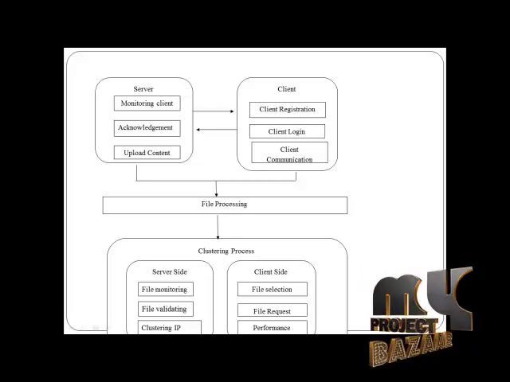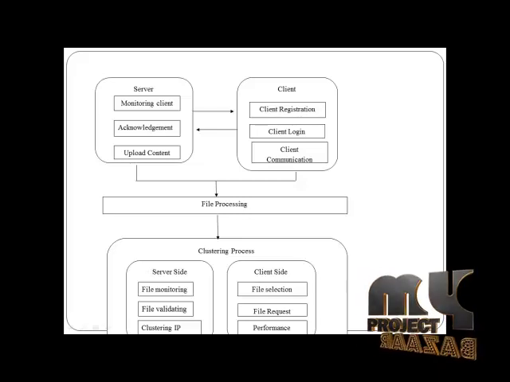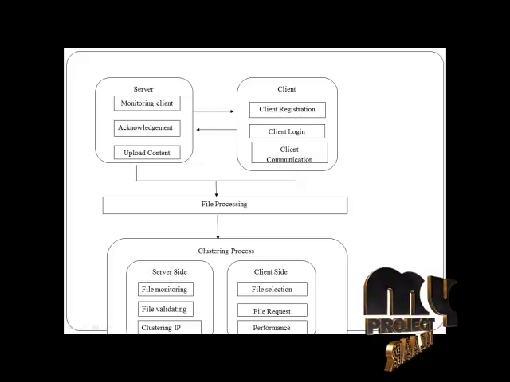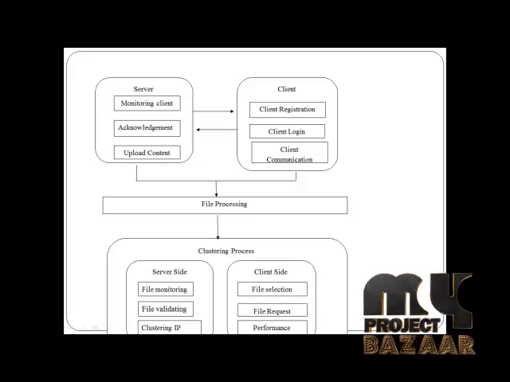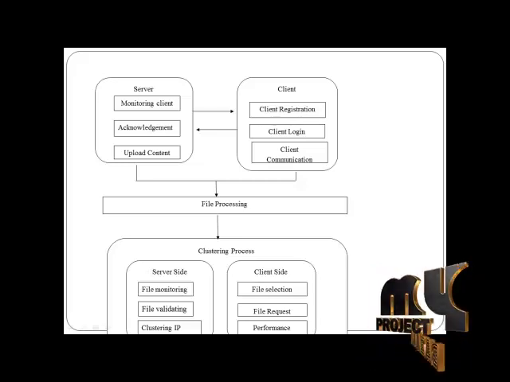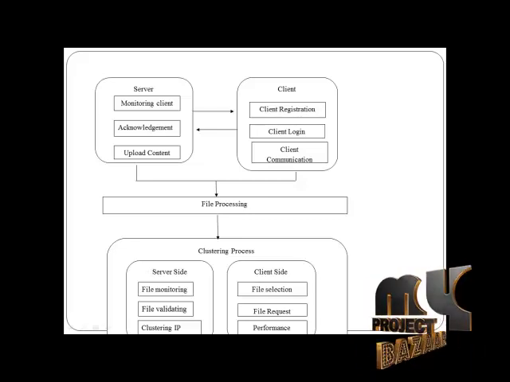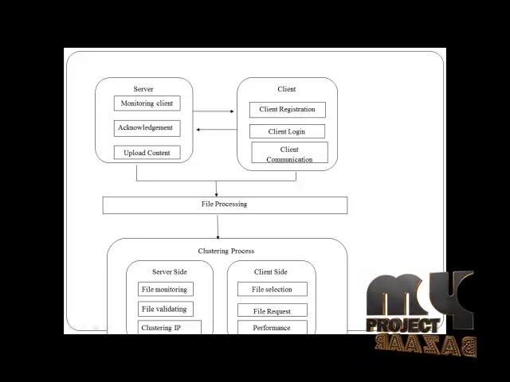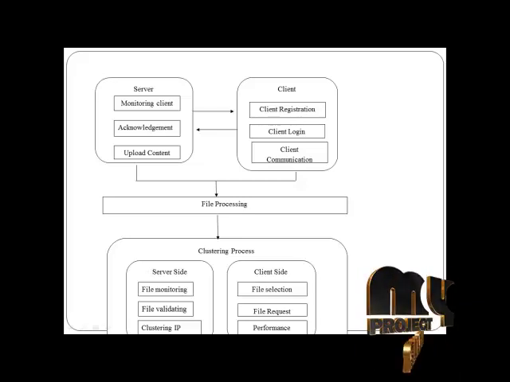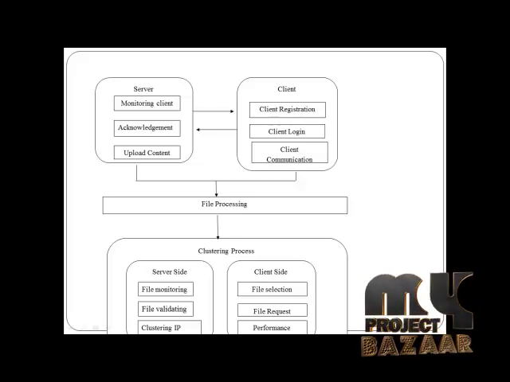In file processing, the clustering is based on the users, servers and the client processing. The client sends a request to the server to send the file. On the server side, the monitoring process and validation process take place. The client selects the file from the directory and stores it on the server side.